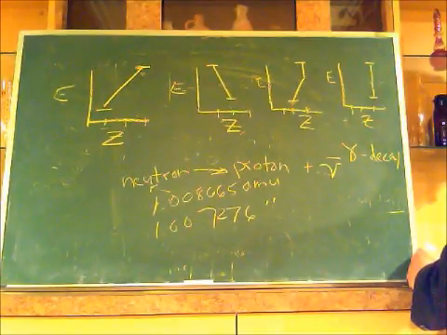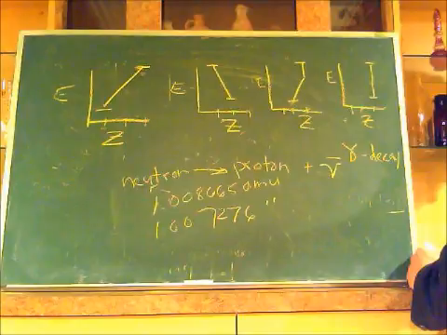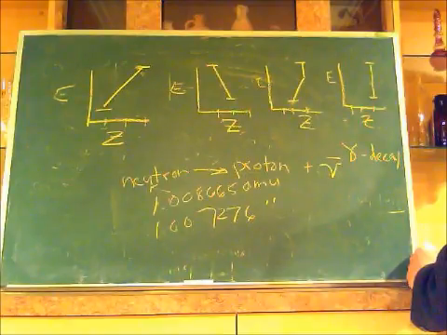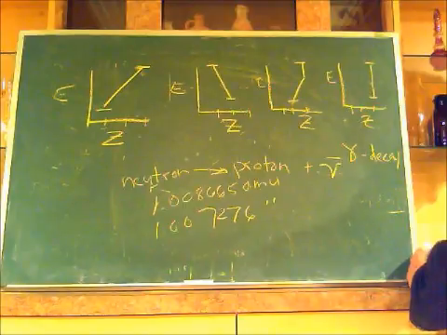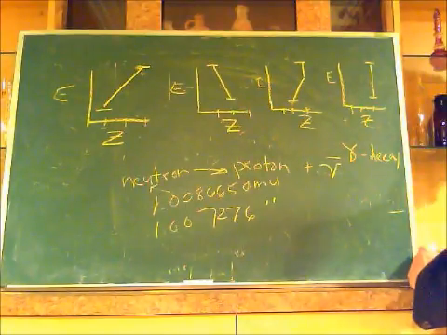So that balances out. The atomic mass of sulfur, if you look it up, is 34.969032 atomic mass units, and the mass of chlorine is 34.968853. The total energy of decay is the difference between those two.